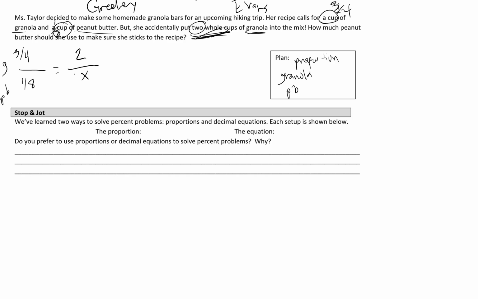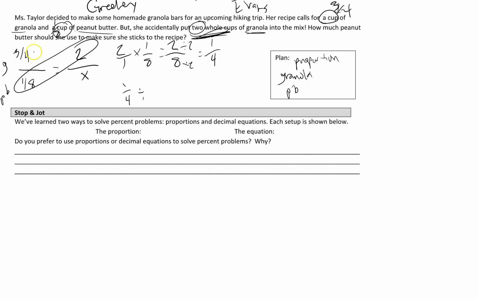Now, just like above, I'm going to cross multiply. I think this is easier to keep it fractions. So I want you guys to do this on your own as fractions. So we're going to do 2 times 1/8. Yesterday we talked about whole number 2 becomes 2/1. Now I can multiply straight across. 2 times 1, 1 times 8. And I can simplify this by 2 to give me 1/4. Next up, I have to divide.